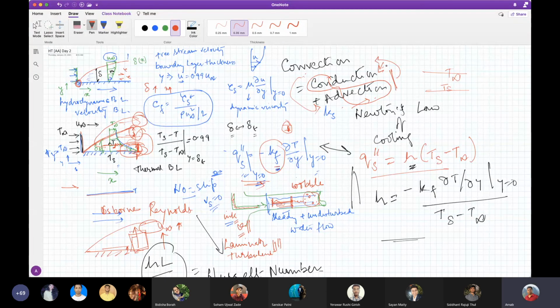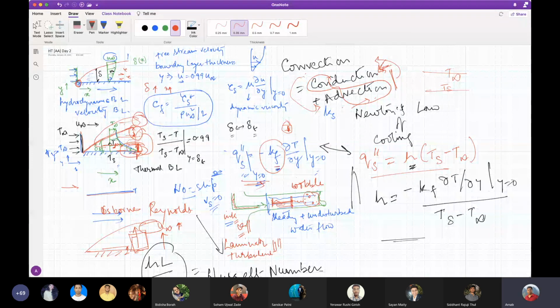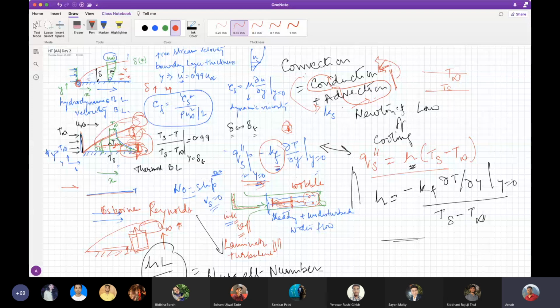That is where the dominant mode of heat transfer in liquid is conduction, because at that very near surface, velocity gradient hardly exists. As the thickness grows, the gradient is dominant. Is it fine? Yes, sir.